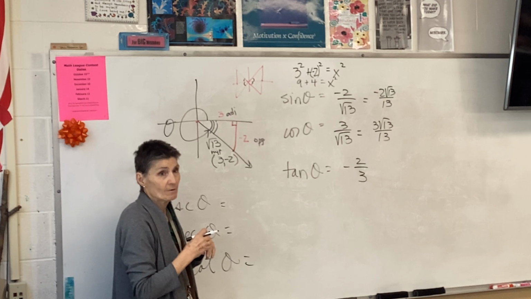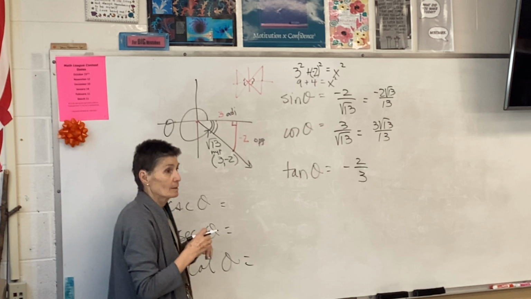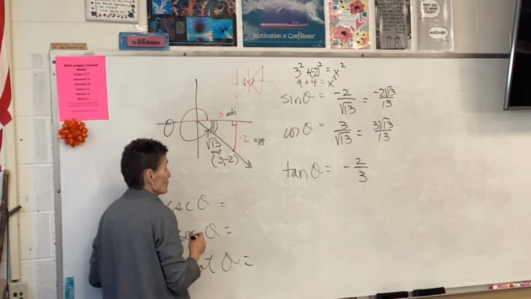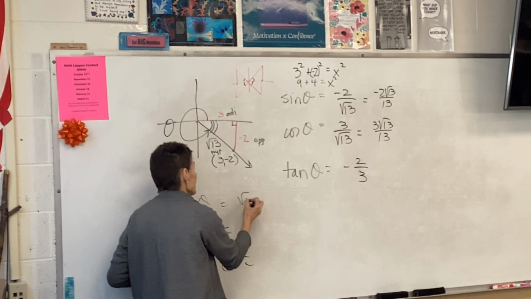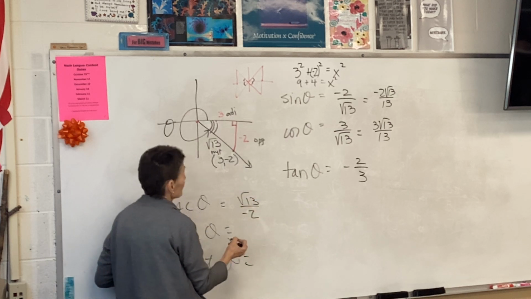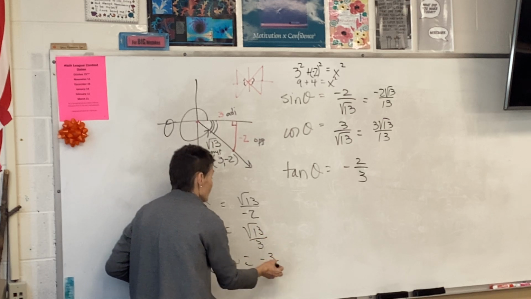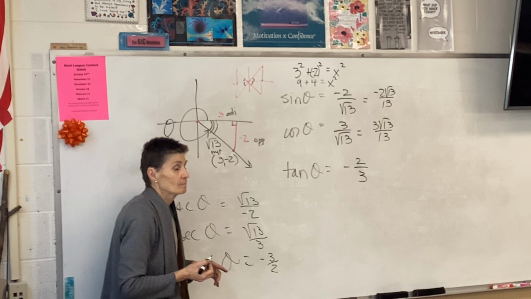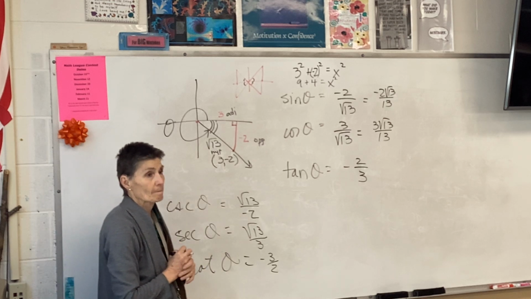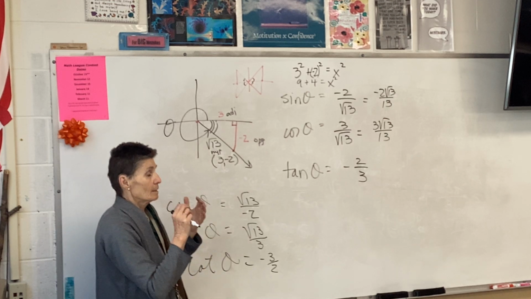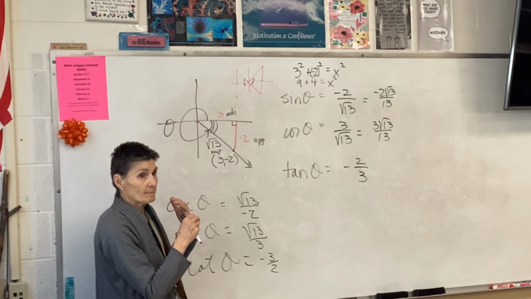Are we okay with that, folks? Then I can do the reciprocals. So root 13 over negative 2, root 13 over 3, and negative 3/2. Got it?